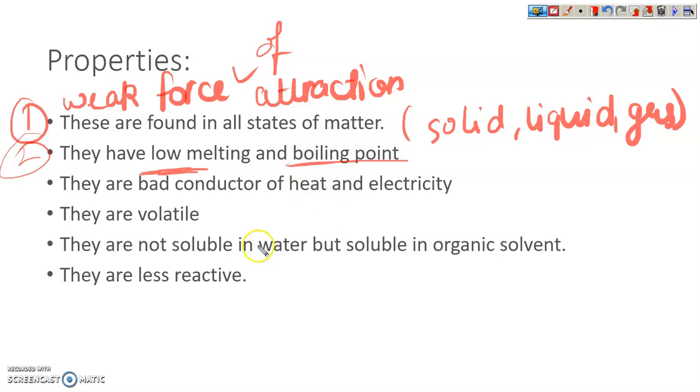Now, they're bad conductors of heat and electricity. Why is it so? Because of the absence of free electrons between the molecules. Free electrons help in easy conduction of electricity, and due to the absence of free electrons, covalent compounds are unable to conduct electricity.